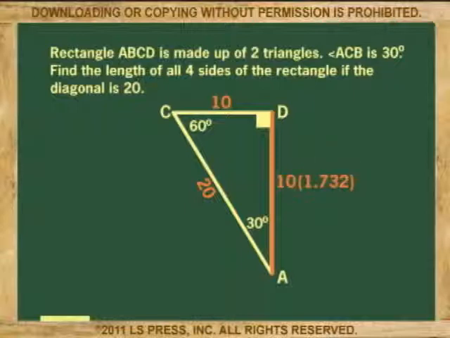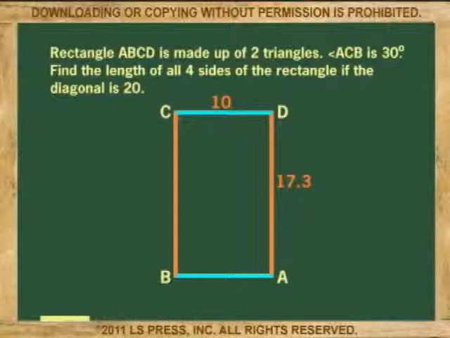Using 1.732 for the square root of 3, 10 times 1.732 is 17.3. Because rectangles have opposite sides that are equal, side AB is 10 and side BC is 17.3.